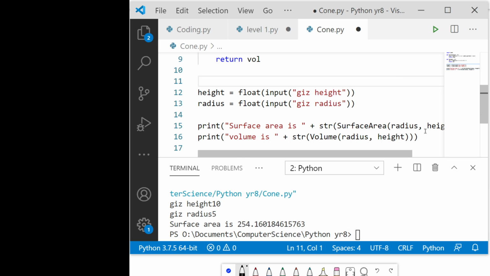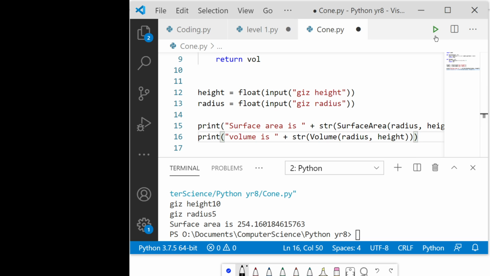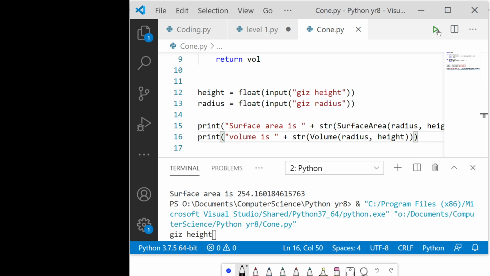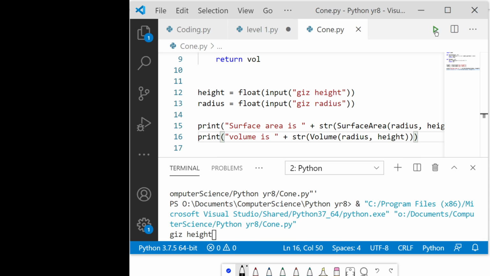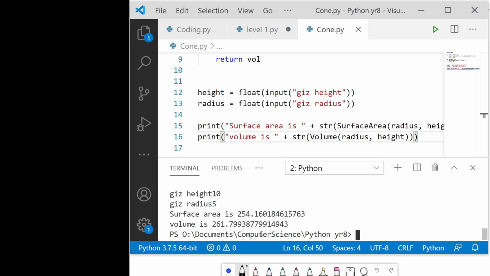Okay, so hopefully when I run this now, we'll check. Thank you. I'll use 10 and 5 again. Right, so it says volume is 261.